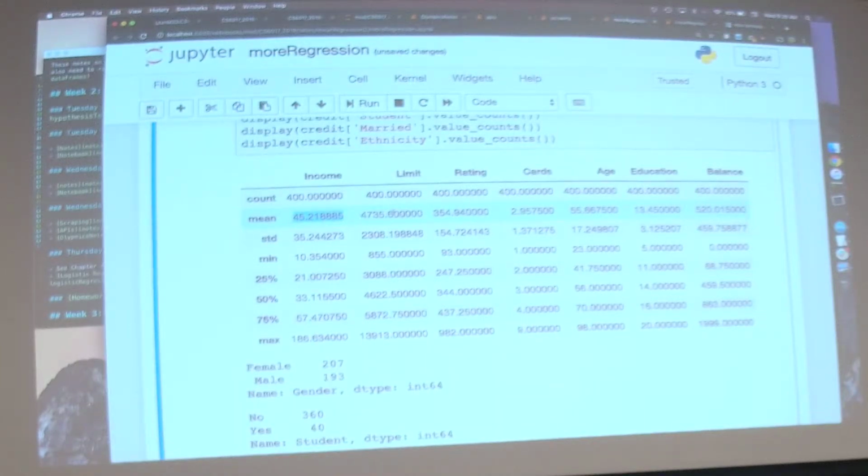So what's probably going on here? What's more likely? The income is probably not $45, but 45K, probably $45,000. So probably we just want to multiply these by 1,000.